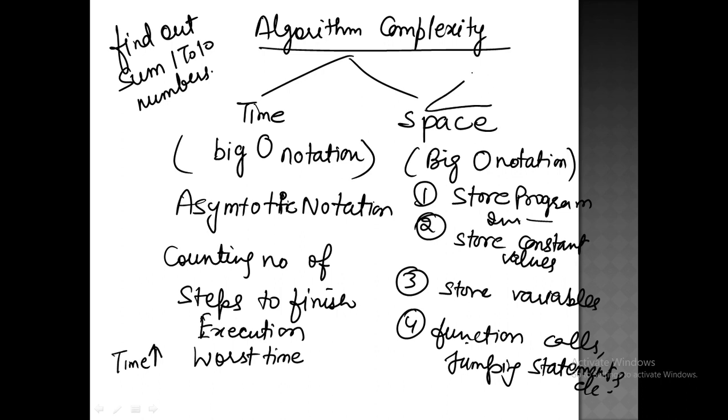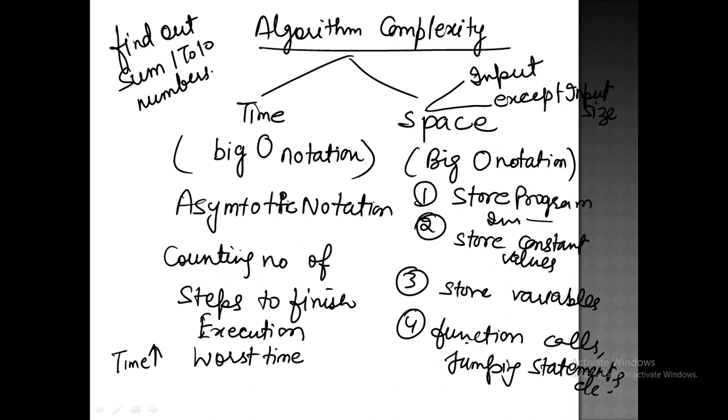First is space used by input, and second is the extra space except input size, taken for the execution of the program, for storing program instructions, constant values, variables, function calls, jumping statements, etc. That increases the space complexity.